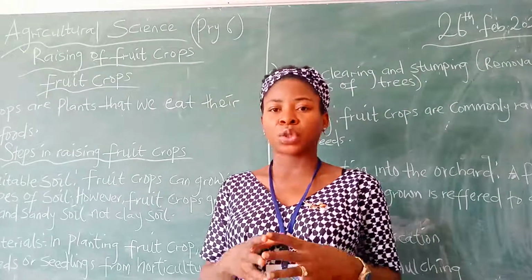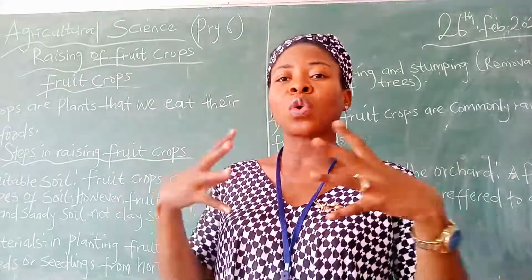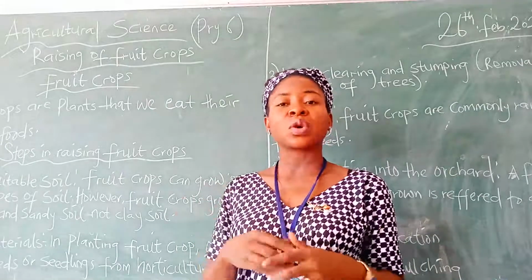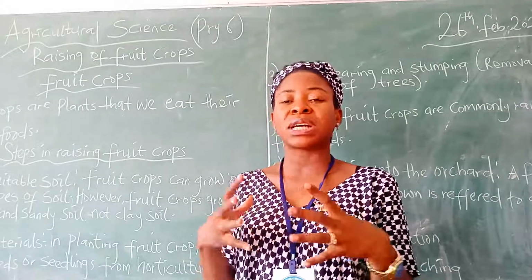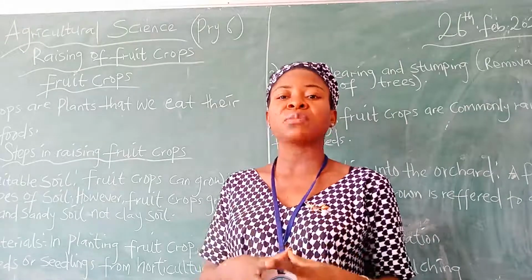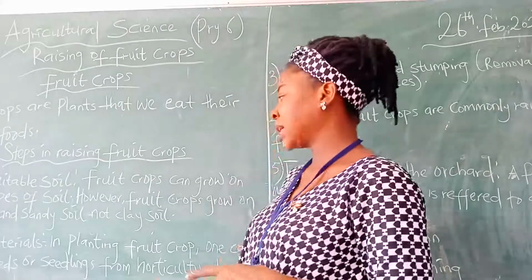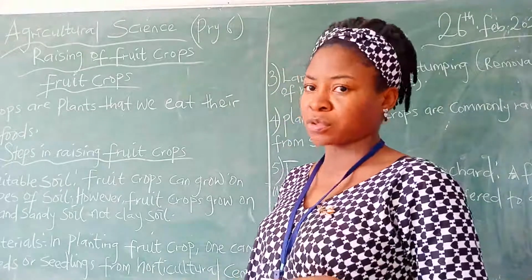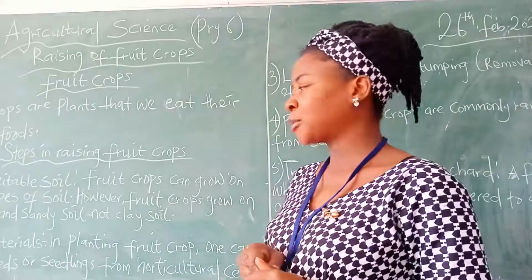Why? Because fruit crops don't grow well on waterlogged soil. And like we said earlier, clay soil holds water very well. So we can easily have waterlogging on clay soil. So it's very, very important for us to know that clay soil is a no-no for fruit crops. You cannot plant your fruit crops on clay soil.